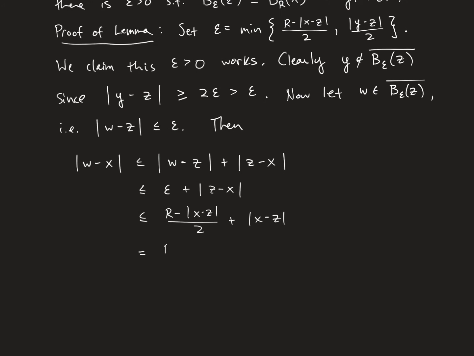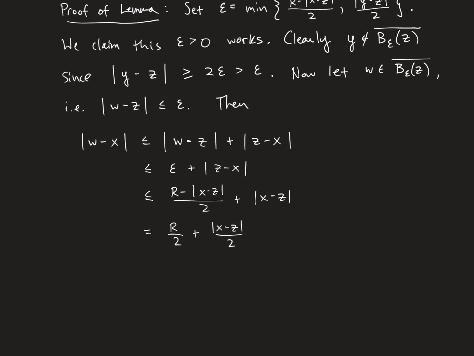And so that's just r over 2 plus the length of x minus z over 2. But z is in this r ball around x, so this is less than r over 2 plus r over 2, which is equal to r.